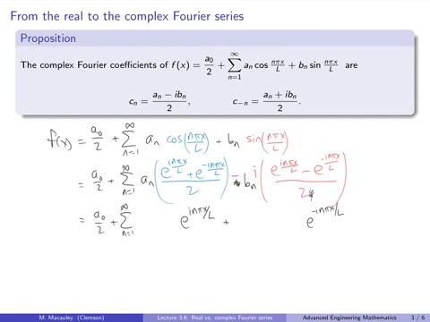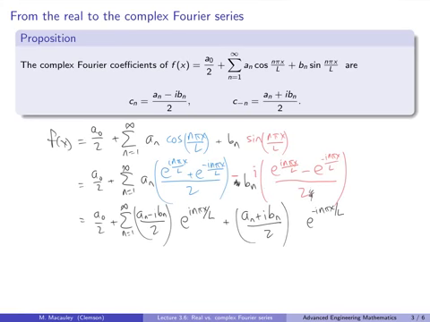So this is a_n minus i b_n over 2, which is literally collecting terms. And now, how many of these e to the negative i n pi x over L's do we have? Well, we have a_n over 2 of these right here, and we have minus times negative, so positive b_n i over 2 of these. So this is a_n plus i b_n over 2 times this.